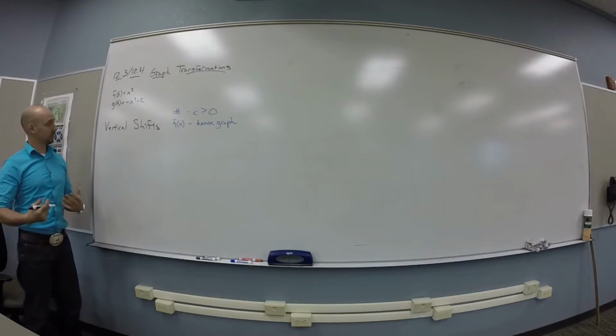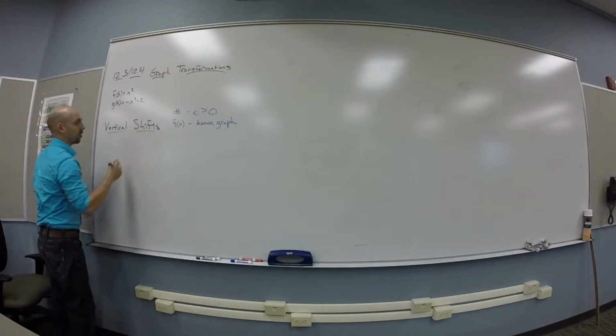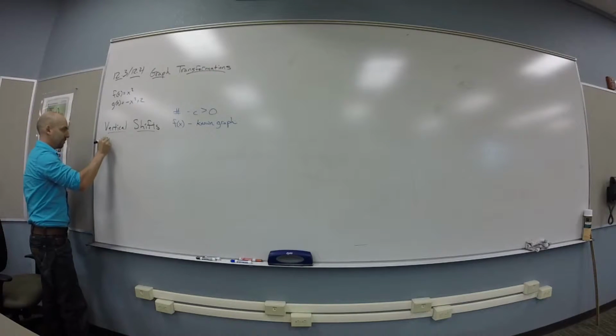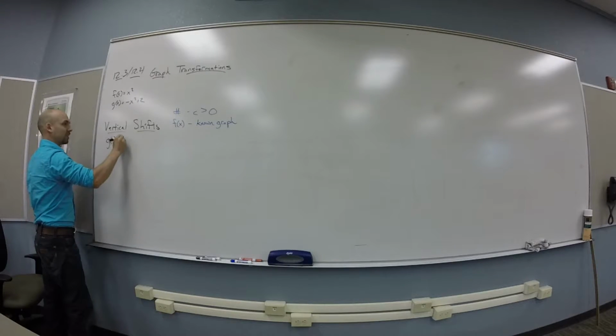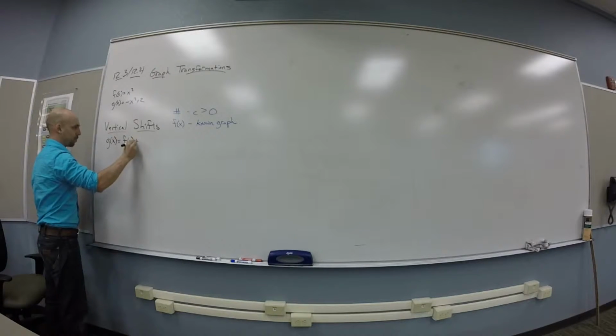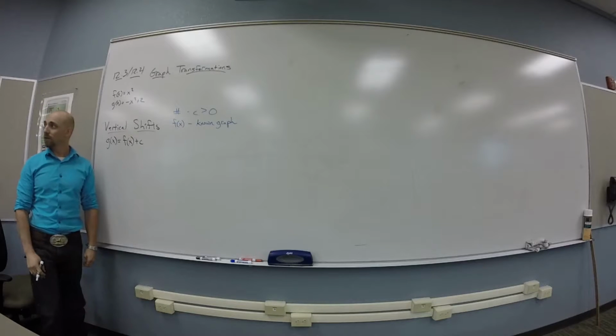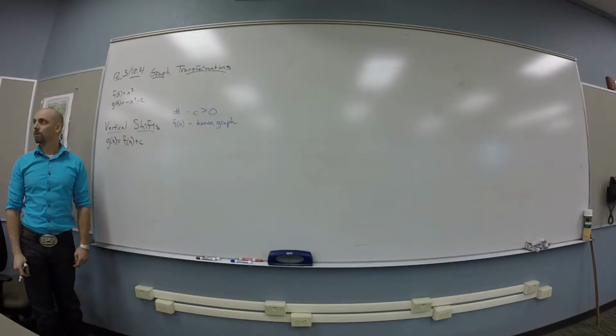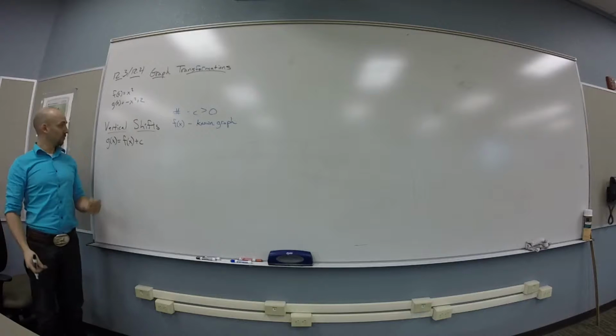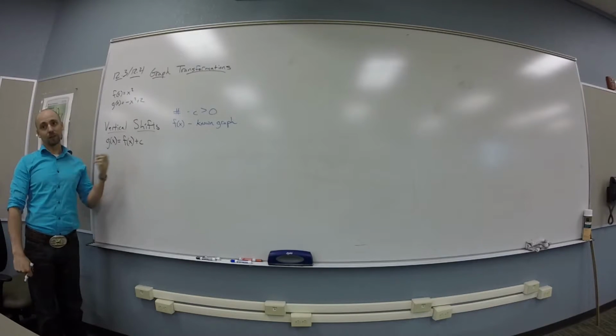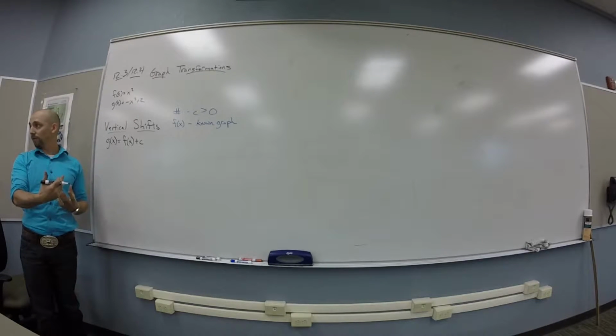So the vertical shifts are, okay, g of x is f of x plus a constant. Okay, so if I'm doing the function rule f, right, that kind of produces the graph for f, and then I add c to the outputs.